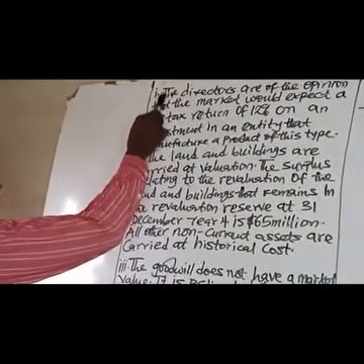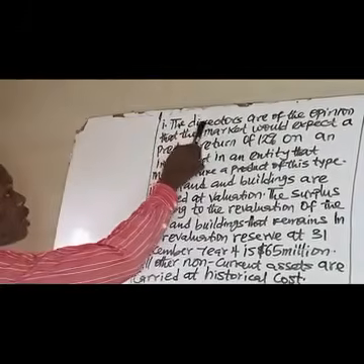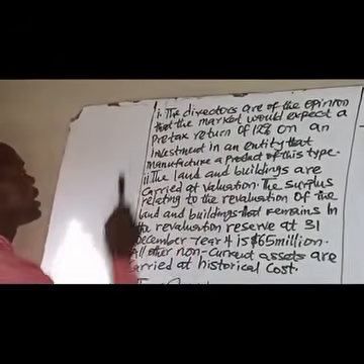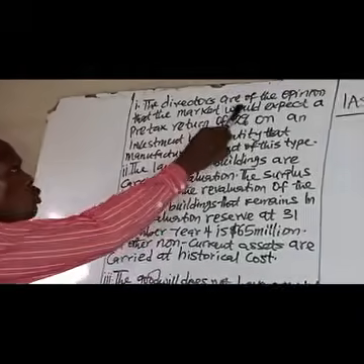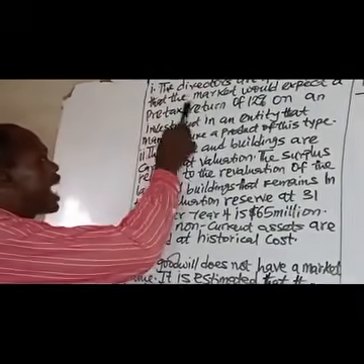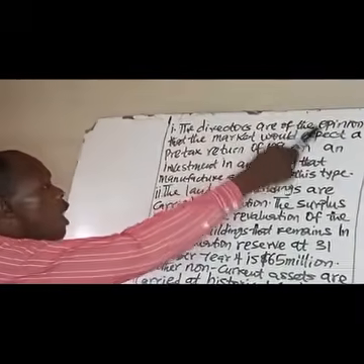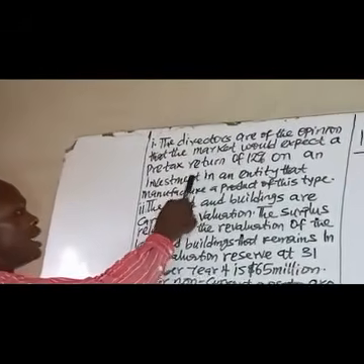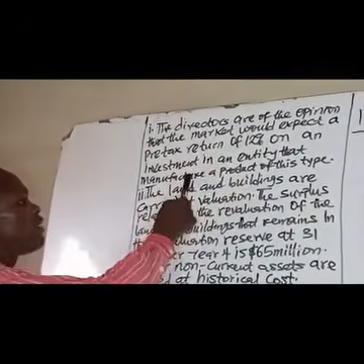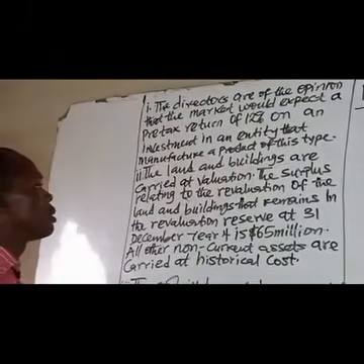One, the directors are of the opinion that the market would expect a pre-tax return of 12% on an investment in an entity that manufactures a product of this type.